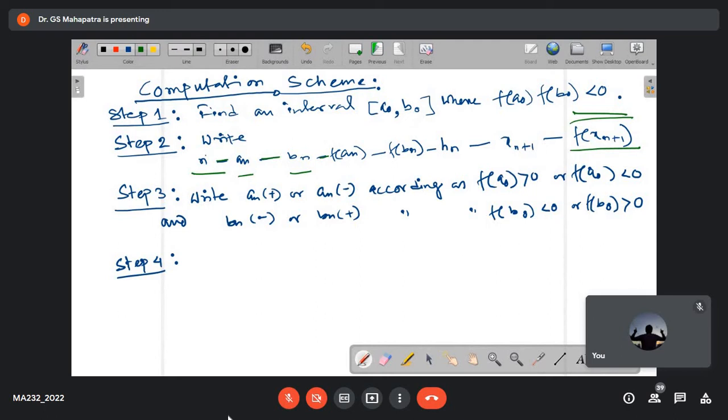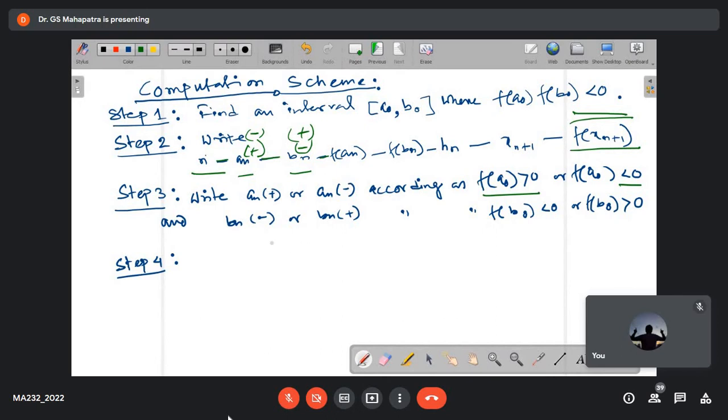Now like the earlier table, how to replace the an value and bn value, that is in step 3. So write an plus, if f of a naught is greater than 0, initial approximation is greater than 0. If it is negative, then you should write negative, not positive. So if an is positive, surely bn will be negative, but if an is negative, bn will be positive, surely the opposite sense, correct now?